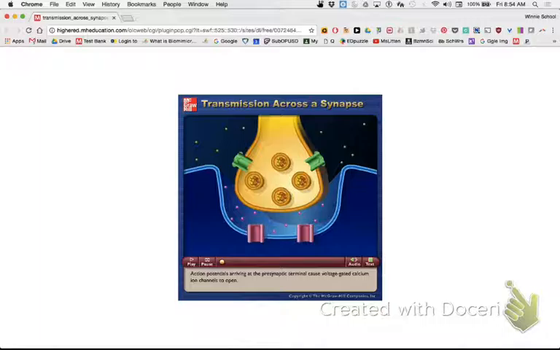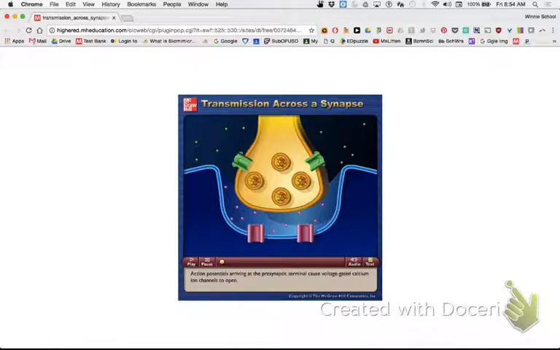Before we start, let's get our bearings. What color is the presynaptic neuron? I agree, yellow. What color is the postsynaptic neuron? Blue. Indigo. This is the whole postsynaptic neuron right here. What part of the neuron would it be? The dendrite.